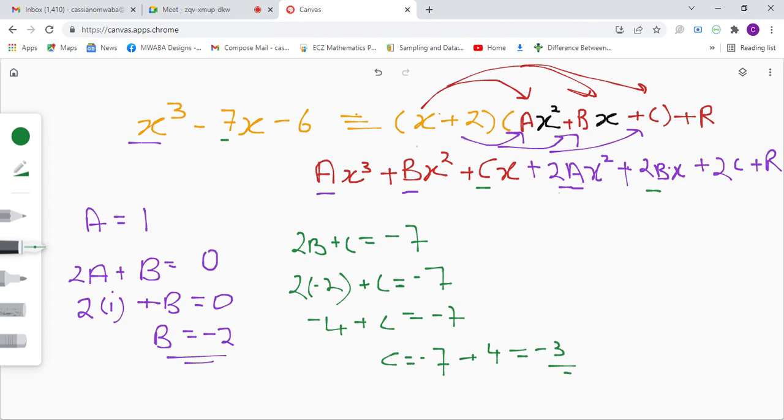Then we deal with our constants. On our right-hand side we have 2c plus r, and on our left we have -6.